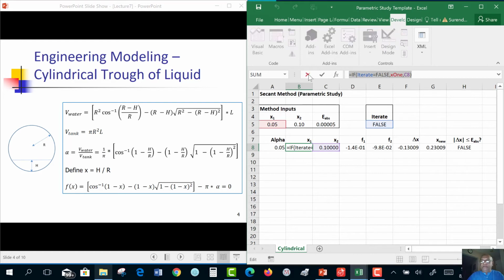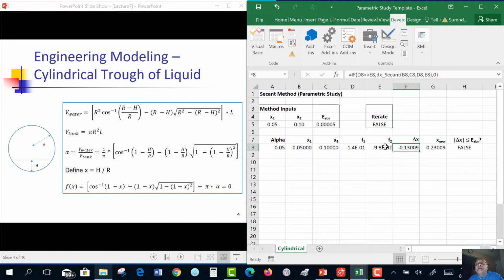let's remove this for the time, that this is equal to x1. Then we are going to say this is equal to, let's delete this, equal to x2. Then we are going to compute function at x1 comma alpha. We are going to compute function at x2 comma alpha. And then we are going to compute the function only if f1 is not equal to f2.